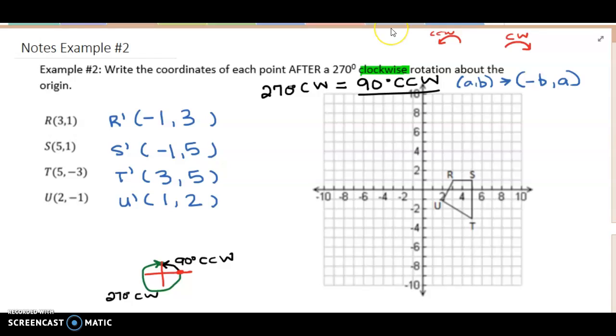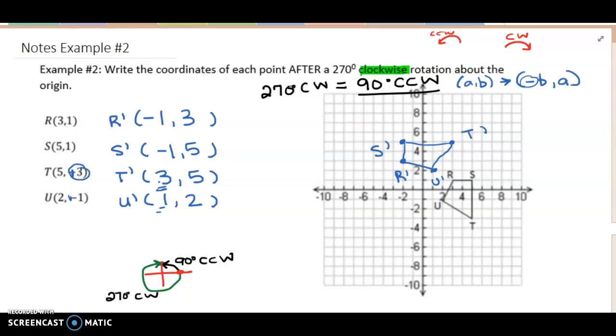After you've applied your rules to each of these, these should be your R prime, S prime, T prime, U prime. Remember on T, the opposite of b, so the opposite of negative 3 becomes a positive 3, which is why we have a positive 3 here. And the same thing here, a negative becomes a positive. After you have all these correct, go ahead and plot them.